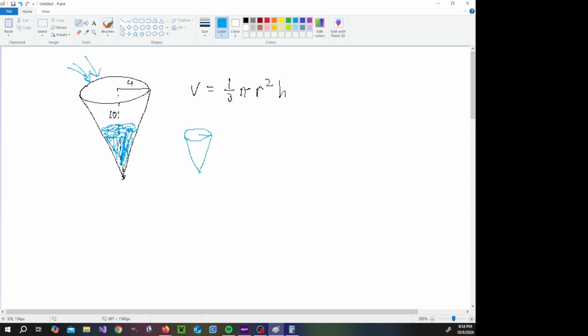So it has its own radius and it has its own height. And the question says water is being pumped into the tank at a rate of 10 cubic feet per minute. So that is telling you the volume of water that is being added. So the change in the water's volume is 10 cubic feet per minute.